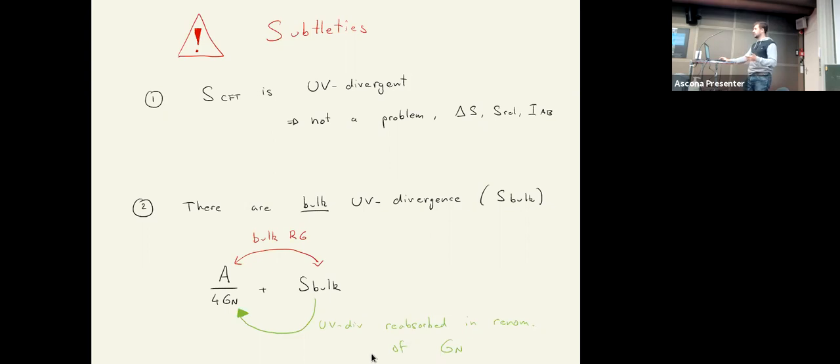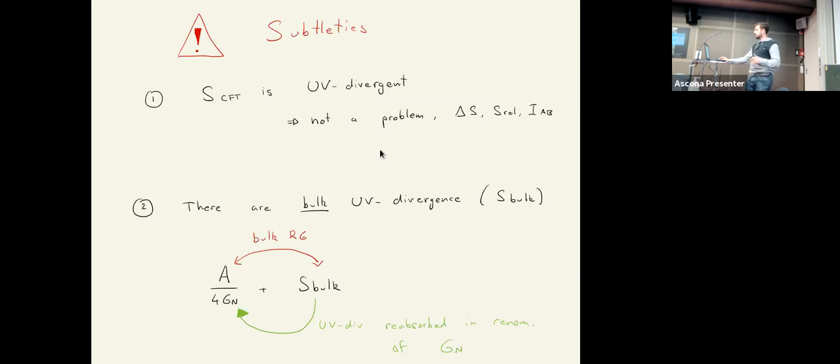There are many ways to deal with it. The most common way is to consider a different quantity, not the raw entanglement entropy, but maybe the difference of entanglement entropies between an excited state and the vacuum, or something more fancy like a relative entropy that has nice monotonicity properties, or mutual informations. There are many other quantities that probe what you want to probe but are UV finite. So this is not an issue, and I won't worry about it too much today.